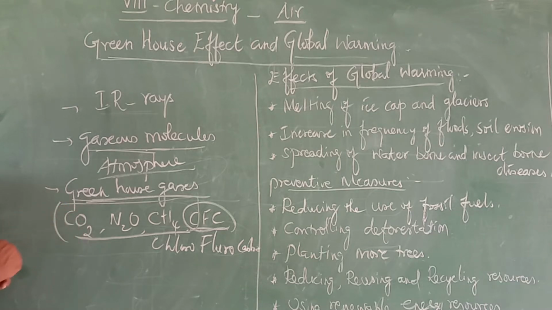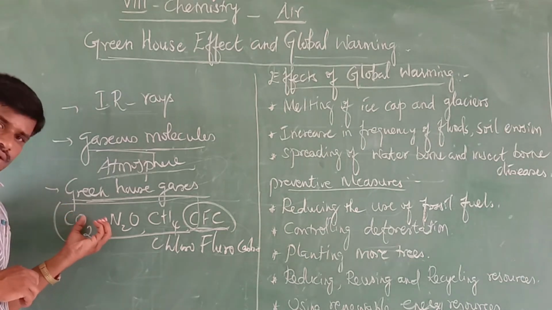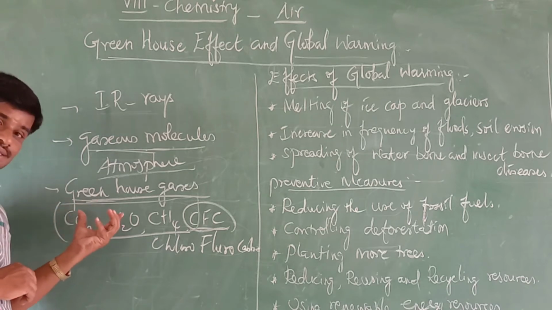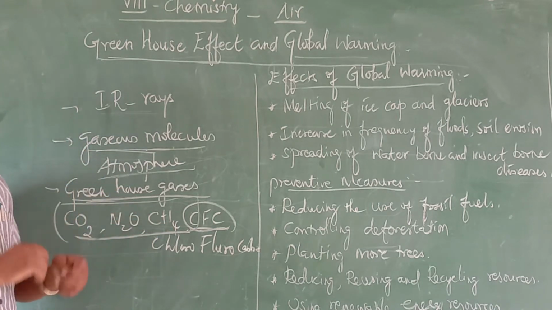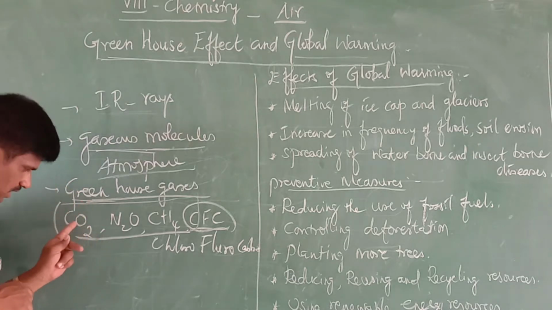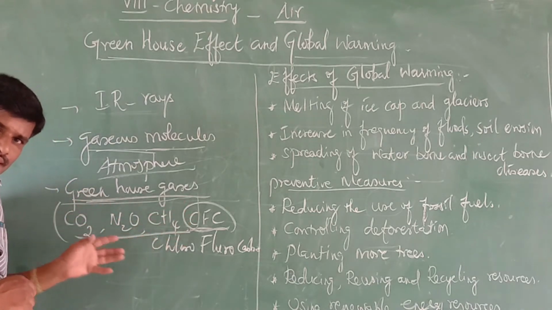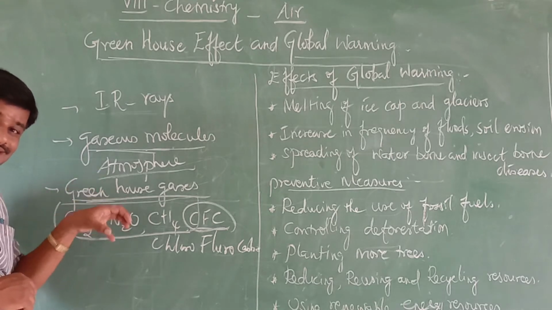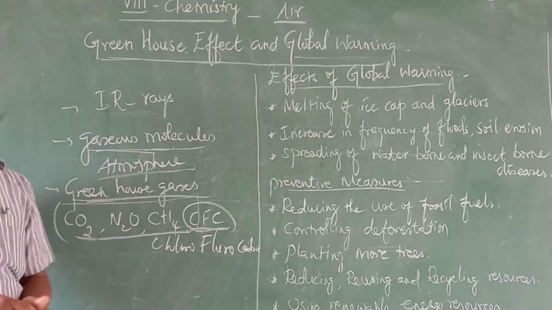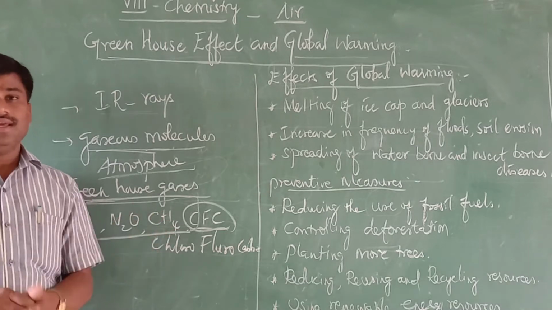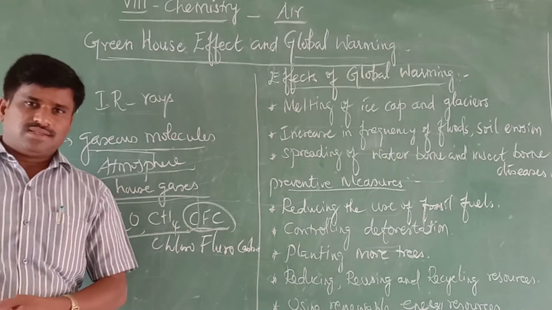Now you have to think here. When the level of gases like carbon dioxide, nitrous oxide, N2O, and methane increases in the atmosphere, automatically the temperature of the atmosphere also increases.